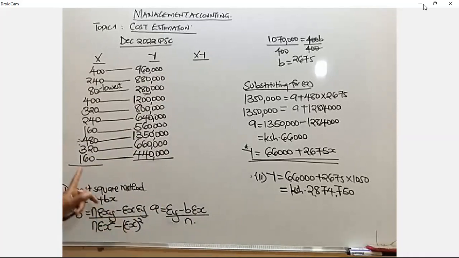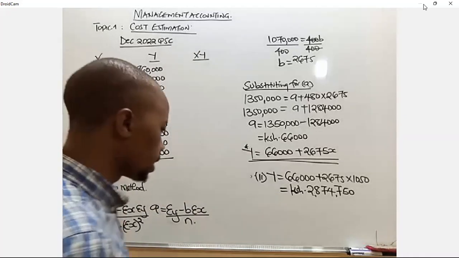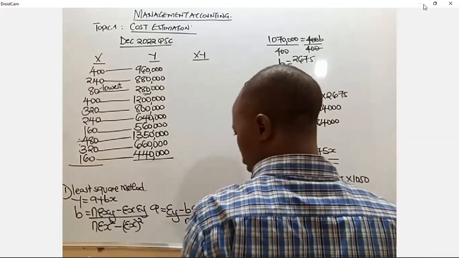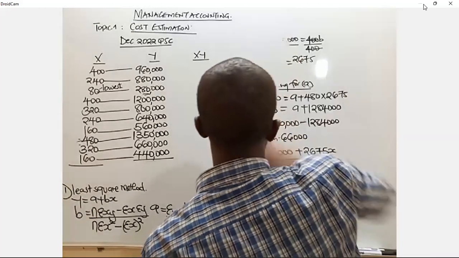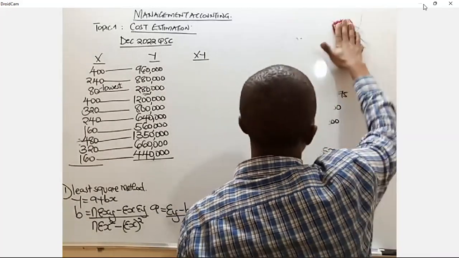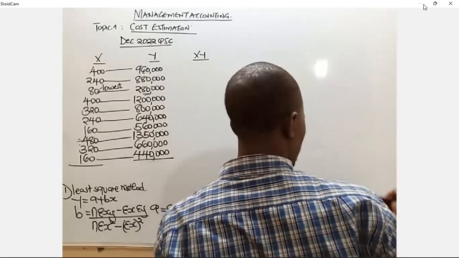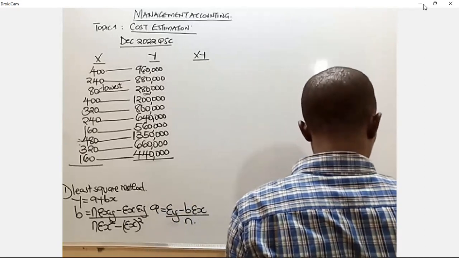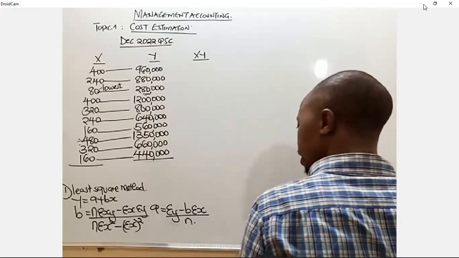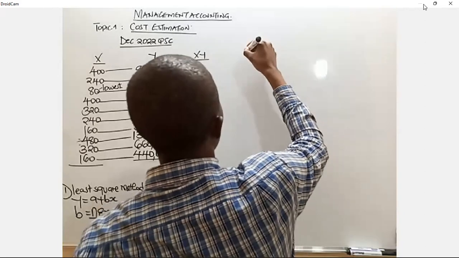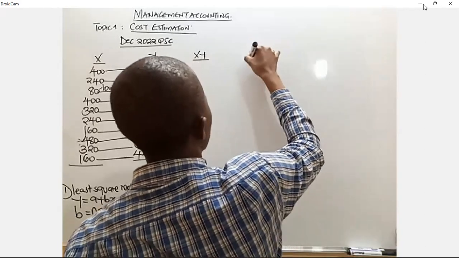This summation we have here, but this one we don't have, so I have to create another column for the summation of x squared.